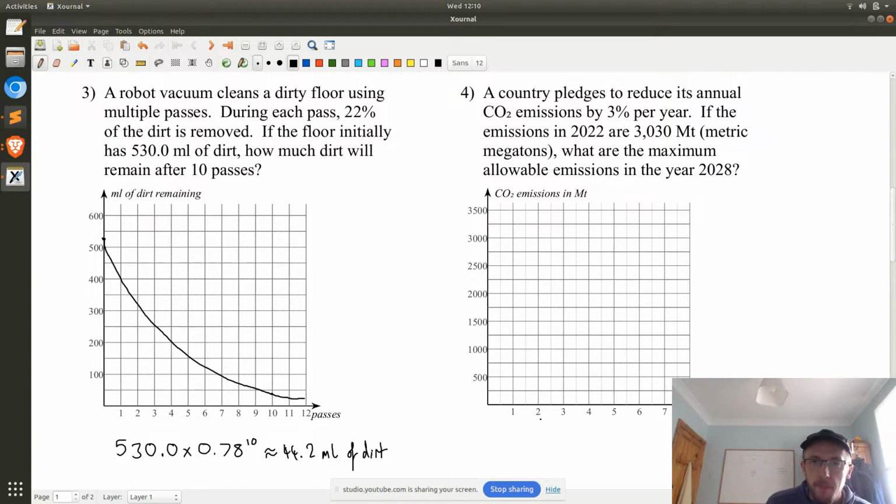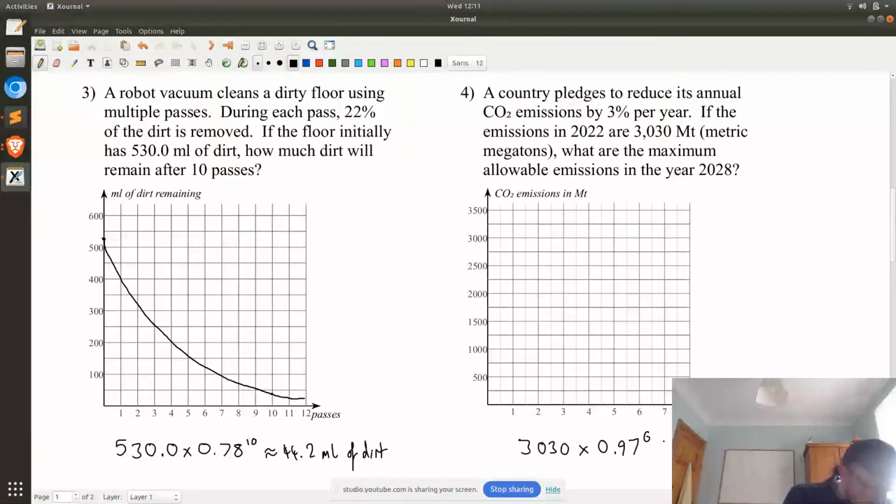So it would be 3,030 multiplied by 0.97 to the power of 6 to the nearest whole number.